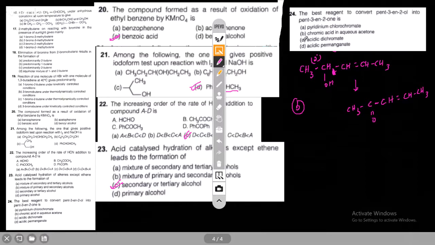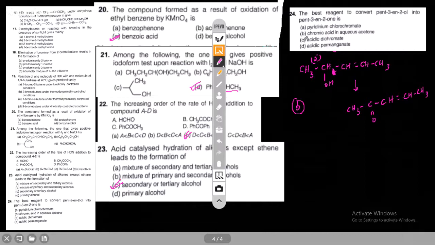Lohitya is saying PCC is not suitable compared to chromic acid for secondary alcohol, right? So PCC is a weak oxidizing agent, right? Otherwise it will oxidize to ester, right?